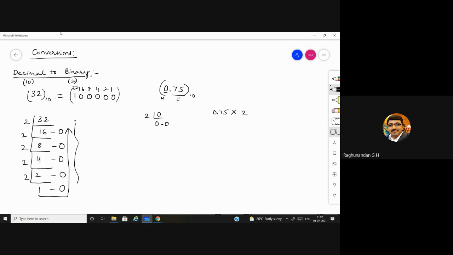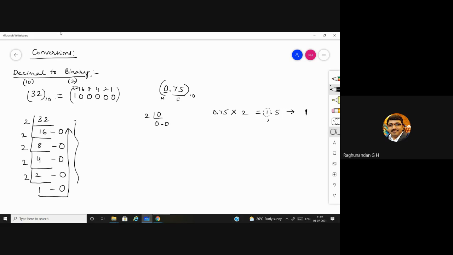See, for the whole numbers, you are dividing by 2. For the fraction number, multiply it by 2. So 0.75 into 2 gives you 1.5. Here, just consider the number which is before the decimal point. So take 1.